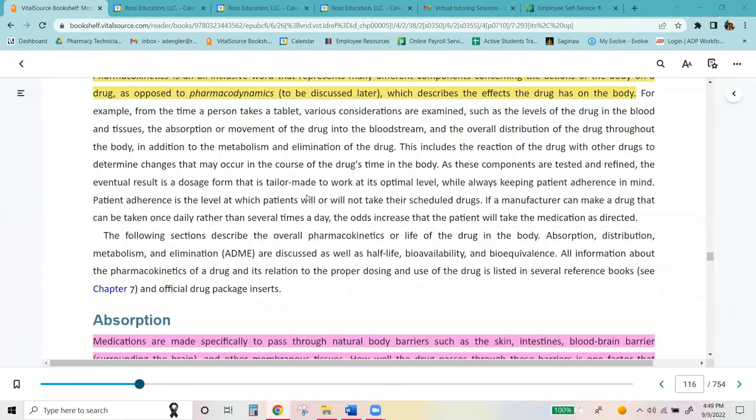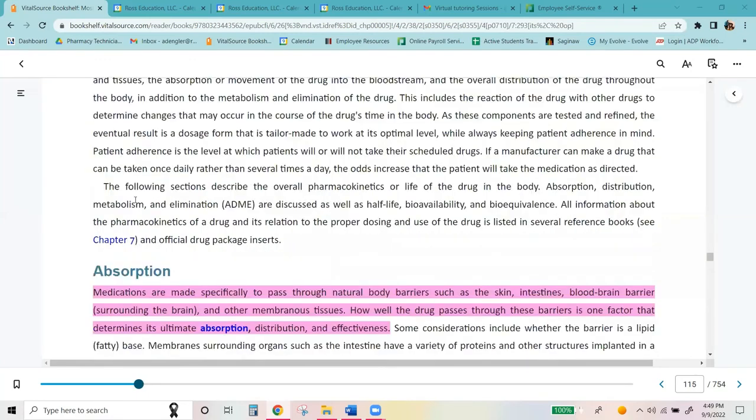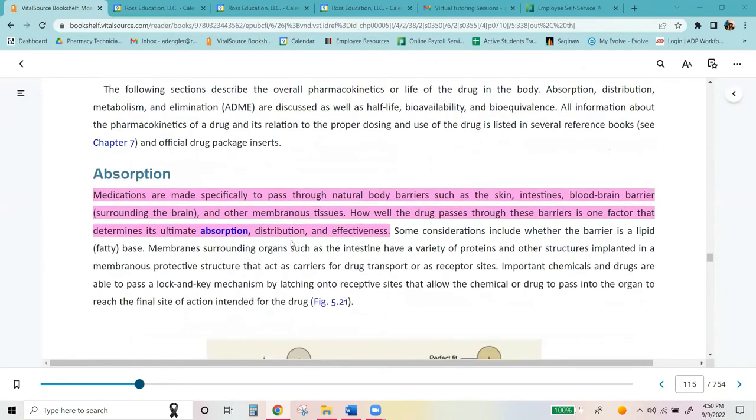We will briefly go over the ADME for medications, though, in this chapter. So ADME is the overall pharmacokinetics, or life of the drug in the body. A is absorption, D is distribution, M is metabolism, and E is elimination.